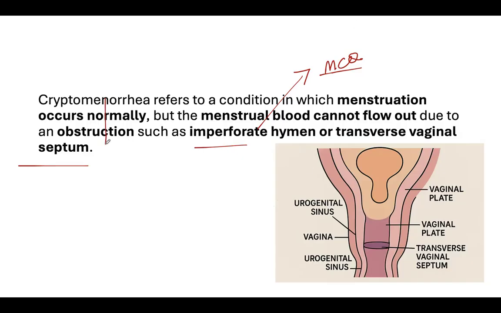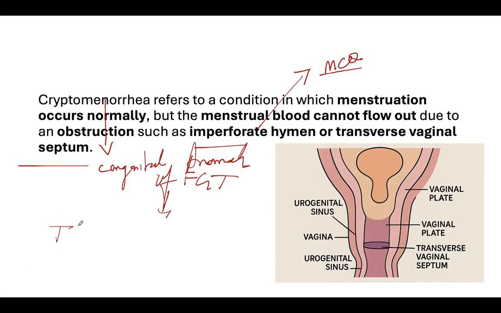Basically, cryptomenorrhoea is a congenital anomaly of the female genital tract. What happened here? There is failure of the canalization of the inferior end of the vaginal plate. This is one of the important anatomy-based questions.